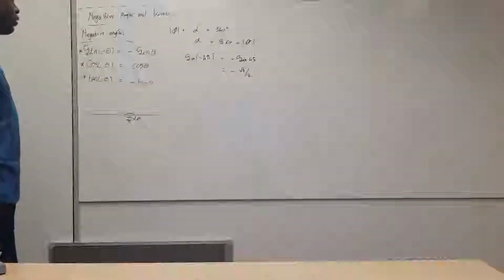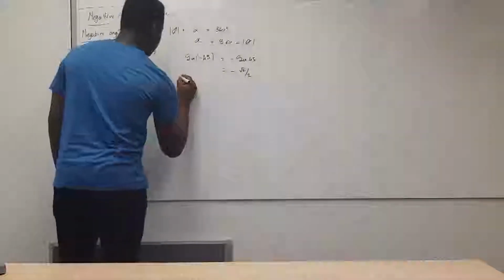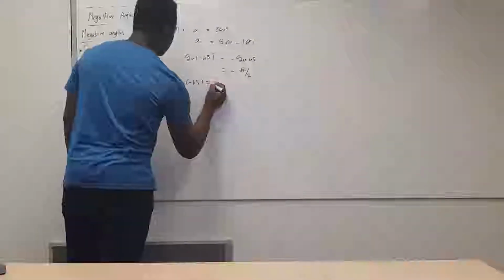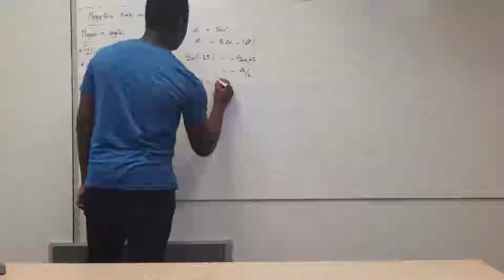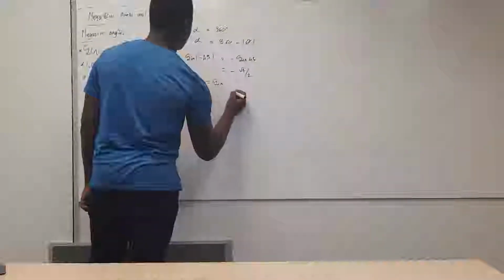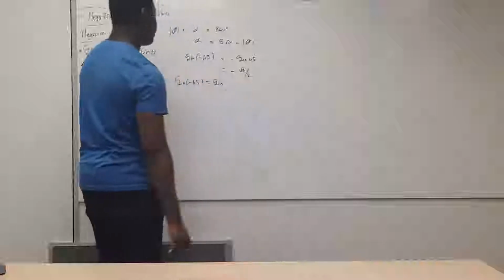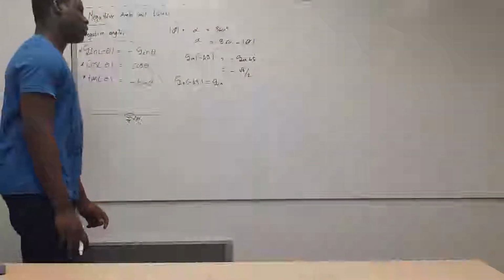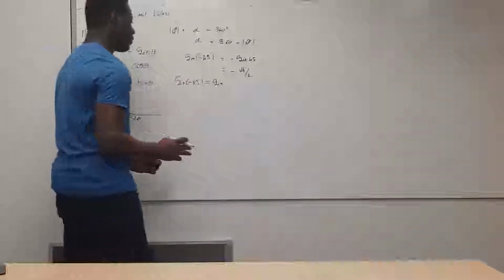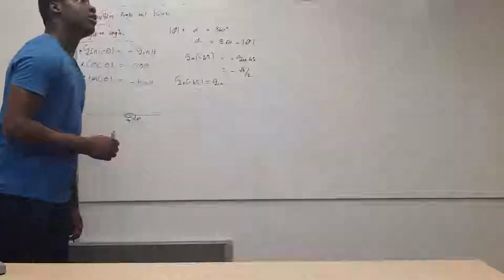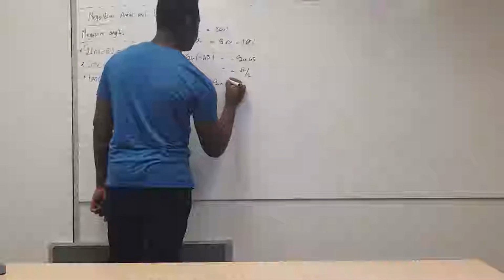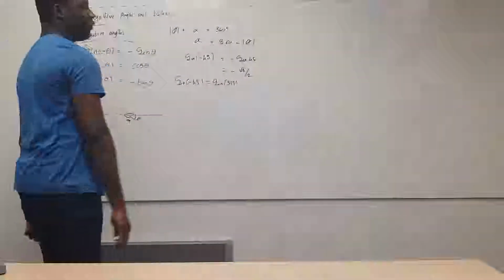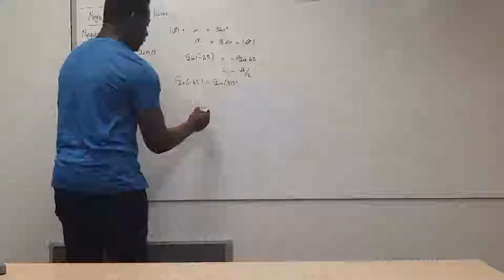But we can also go further and say sine of negative 45 is equal to sine of 360 minus 45, which is 315. We know this is in the fourth quadrant, and sine is negative in the fourth quadrant.